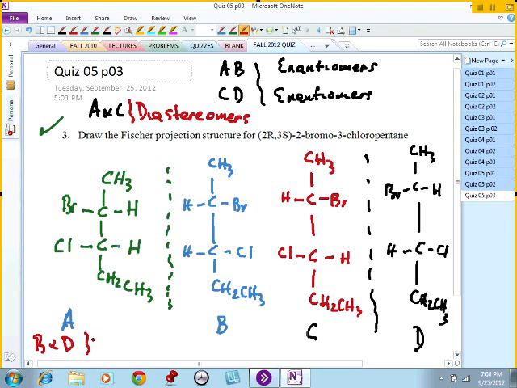Keep in mind, diastereomers are those stereoisomers that do not superimpose and are not mirror images.